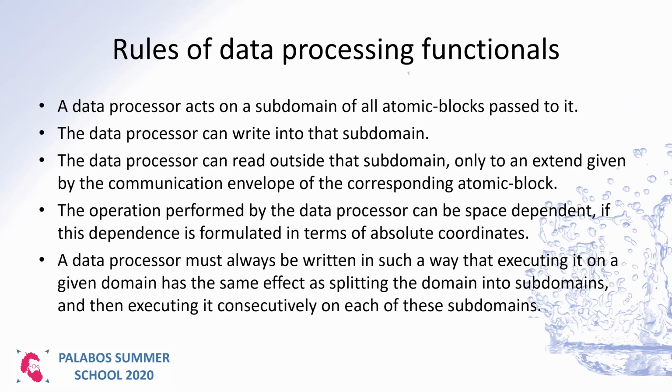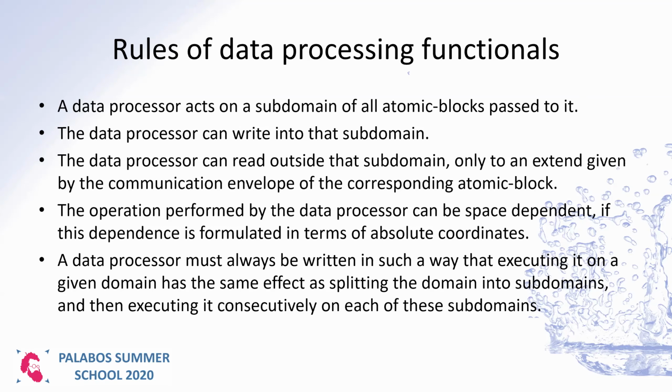I would say that a mathematician would formulate the same sentence as follows. When you write a data processor, it must be written in such a way that executing your loop, your data processor, once over a given domain must have the same effect as splitting that domain into subdomains and then executing that loop consecutively on each of these subdomains.